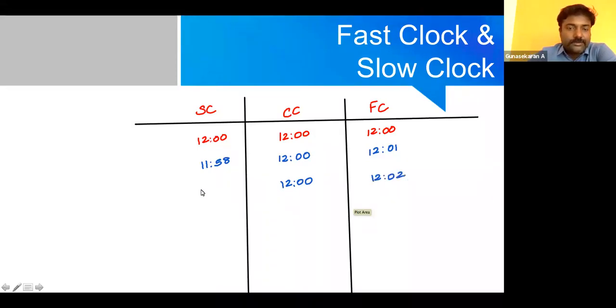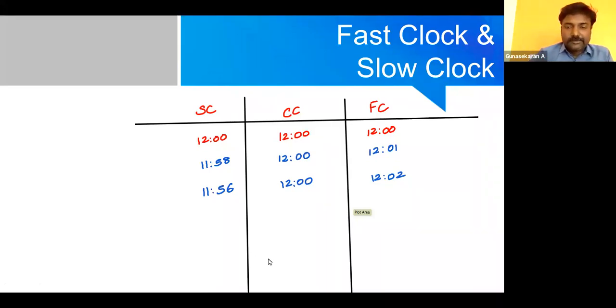Slow clock will show. Is it clear? Clear. Understand the meaning of fast clock and slow clock. In the certain time period, if it move fast, that is called fast clock. If it is move slow, that is called slow clock.